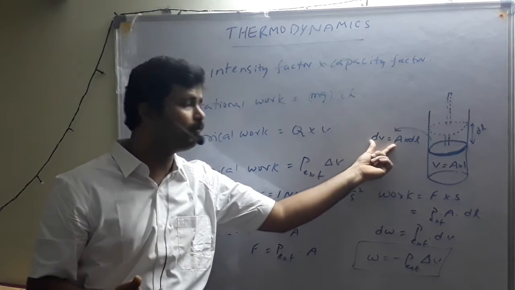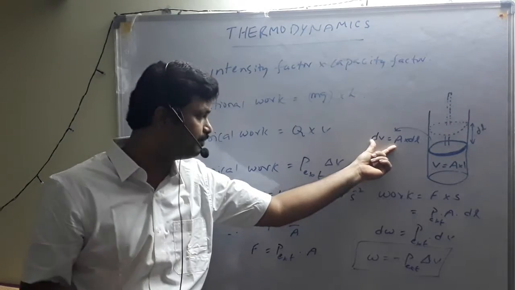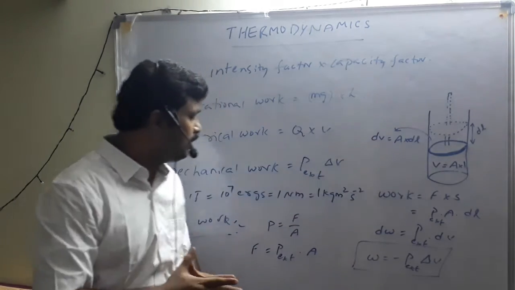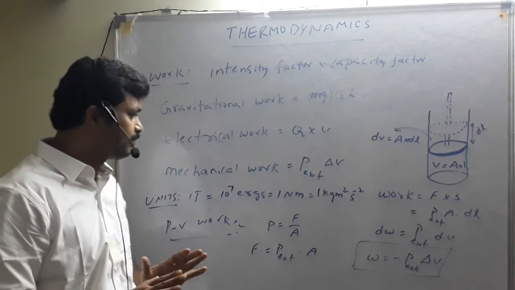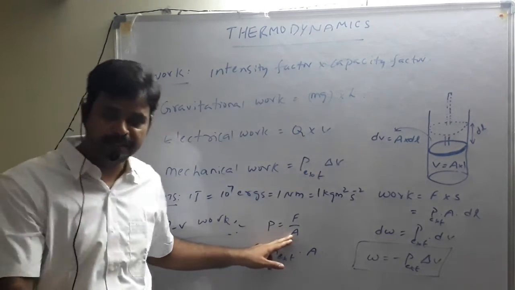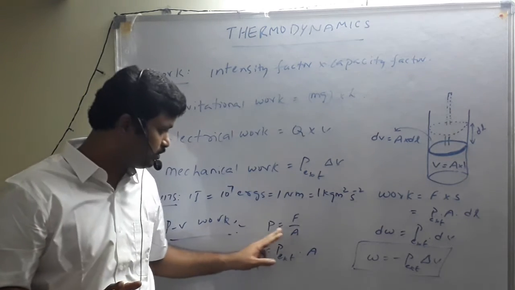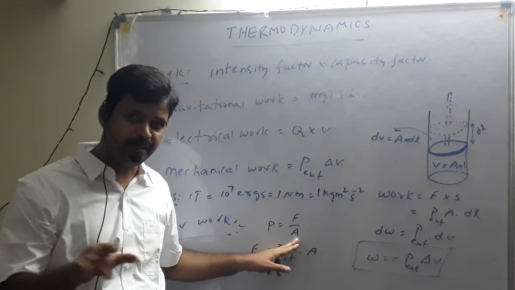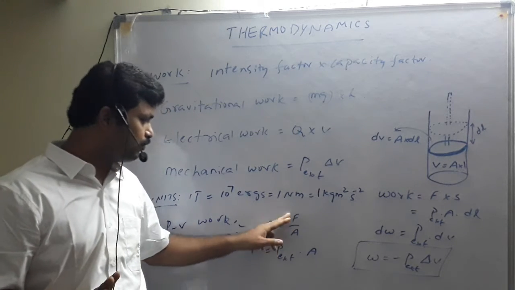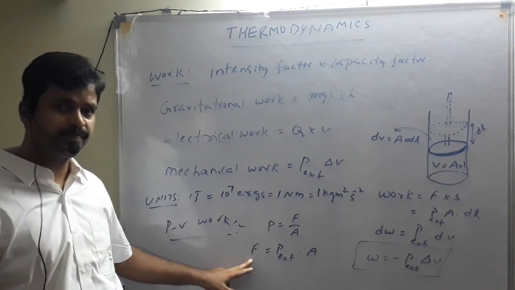This is the infinitesimal change in volume that depends upon the infinitesimal change in length. Basically, we know pressure is force acting on unit area. If the denominator capital A is 1 unit, then P equals F. So force acting on unit area is equal to pressure.